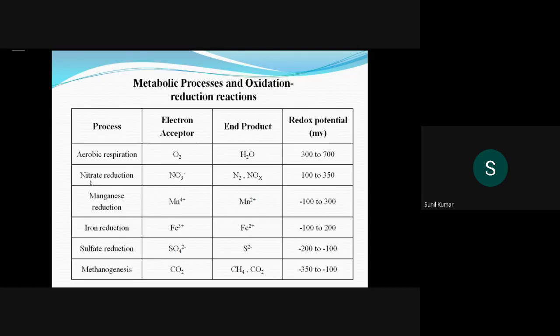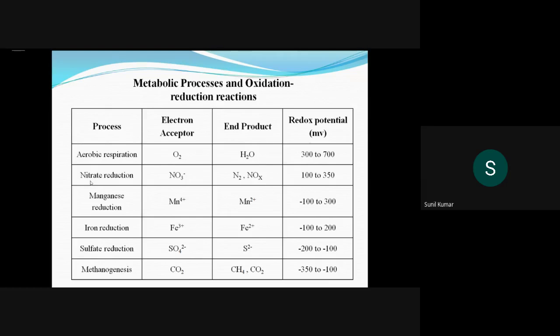Otherwise, if it is coming below, 100 to 350, it is considered that nitrate reduction is taking place. See, the oxygen available in nitrate, NO3, will be used by the denitrifying bacteria as an electron acceptor, so nitrate is converted into nitrogen gas. If not, then manganese will come into the picture as electron acceptor, then iron, sulfate.